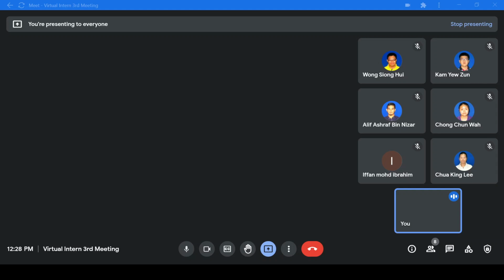We check whether the sensor is 0 or 1. If 1, we go this flow. If 0, we go this flow. So that is how we check the sensor. That is the first thing.